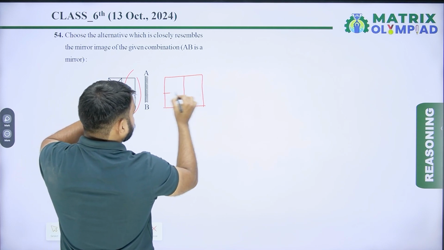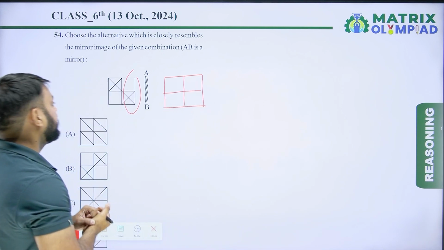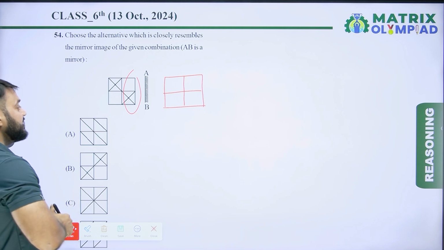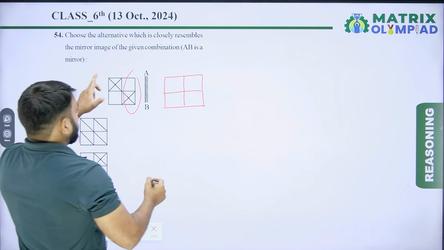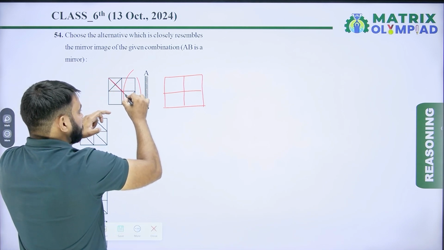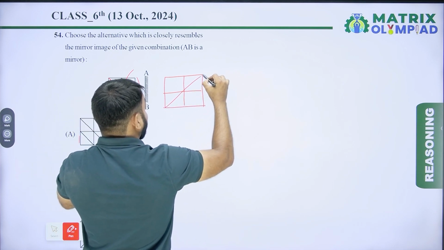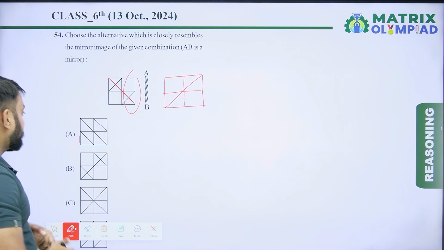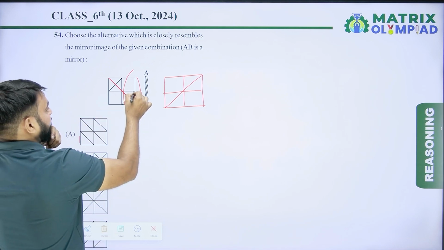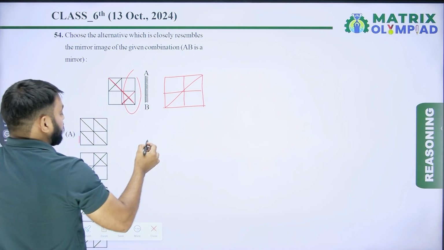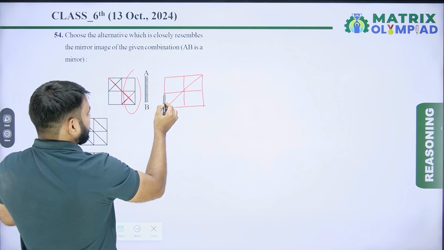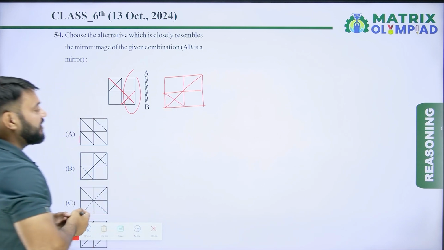Vertical lines and horizontal lines will remain the same in the mirror image as well as the water image. So now find the mirror image of this line. The mirror image of this line will look something like this. Now mirror image of this line will look something like this.